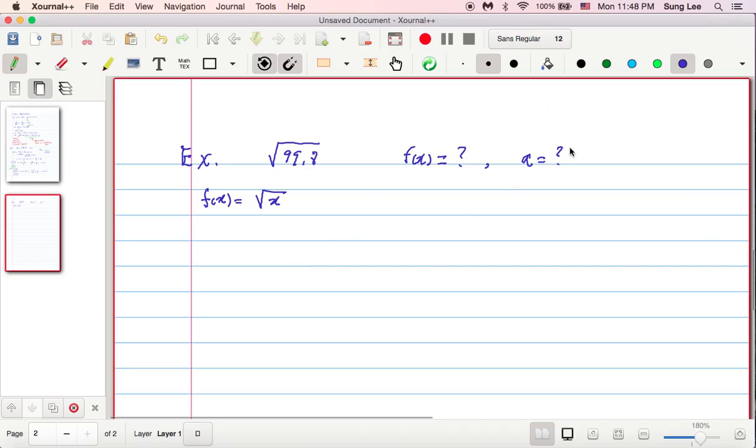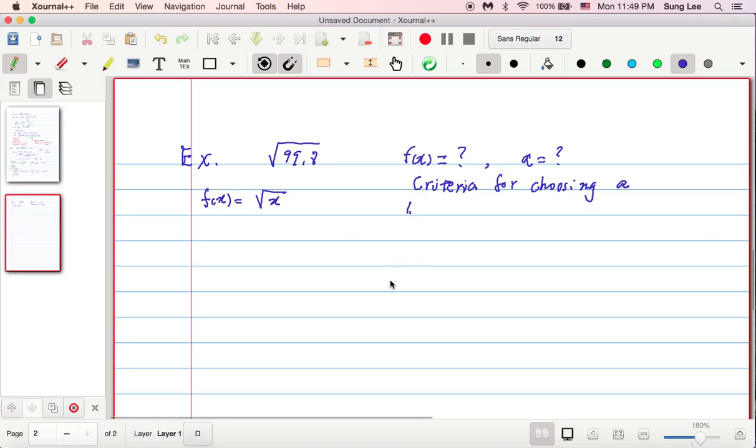The hardest part is choosing the right a. So what is the right a? Here is the thing, I have two criteria for choosing a.